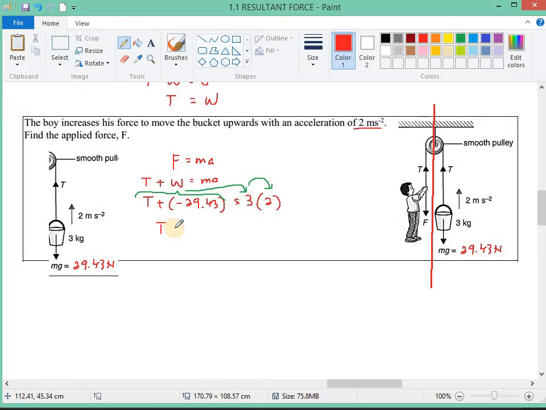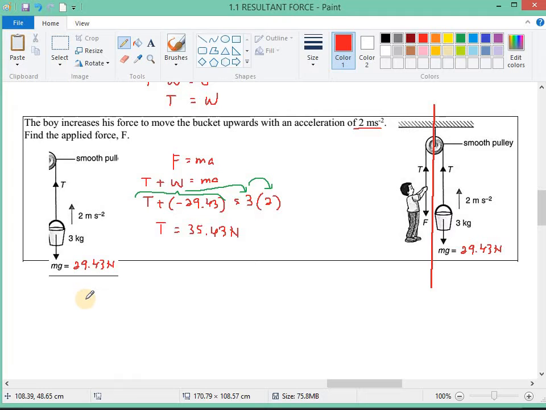Let's solve. Tension equals 35.43 Newton. So you see the tension is larger than the weight.